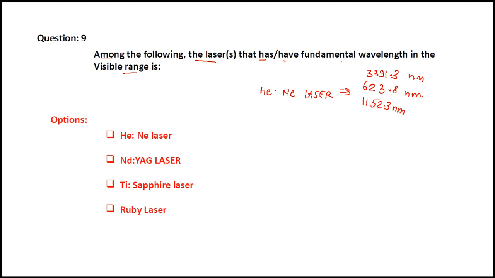If you want to consider the answer, you have to consider this also as the right answer. Although it has two wavelengths which do not lie in the visible range, this particular one lies in the visible range.